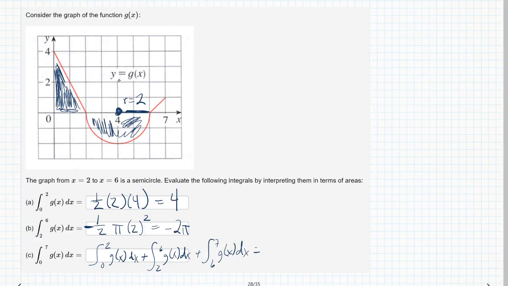So this becomes 4 minus 2 pi. And then, last but certainly not least, let's get this net area right here. Well, notice this is 1 by 1. And so plus 1/2, our base is 1, our height is 1. So that's 4.5 essentially. So we get 4.5 minus 2 pi. And that's our final solution.